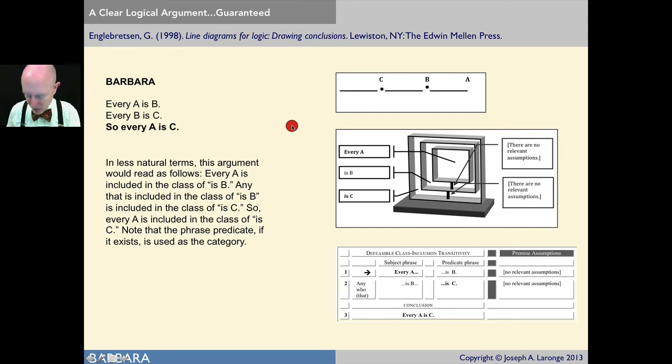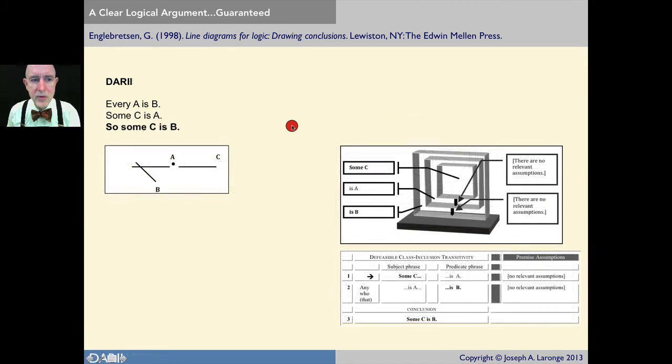So I won't go into such detail on all of them. Here's another one. Every A is B, some C is A, some C is B. Still comes up with the same start and finish as the conclusion, which is the point I'm trying to make here.